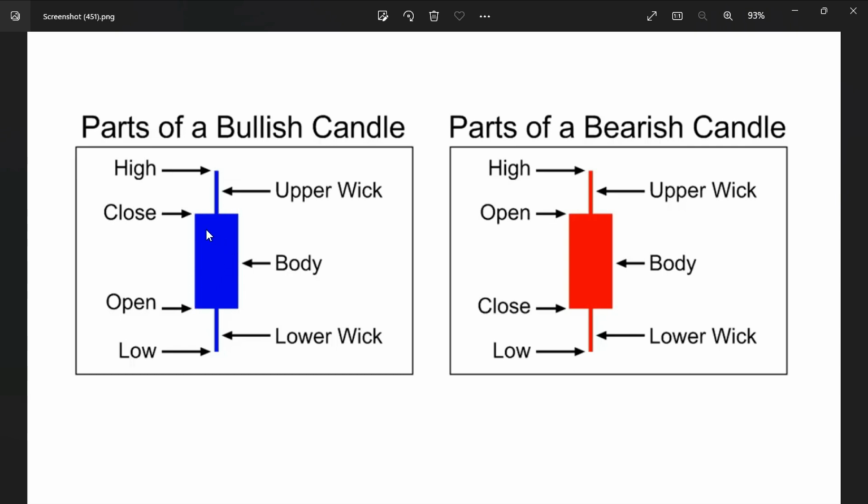But most candles on the chart don't close this way. Most of the time they close in different patterns, right? In a bullish candle, the price opens from here and closes from here, right? And this is the low which this bullish candle went to, and this is the high of this bullish candle, and this is the closing price, this is the opening price, right?